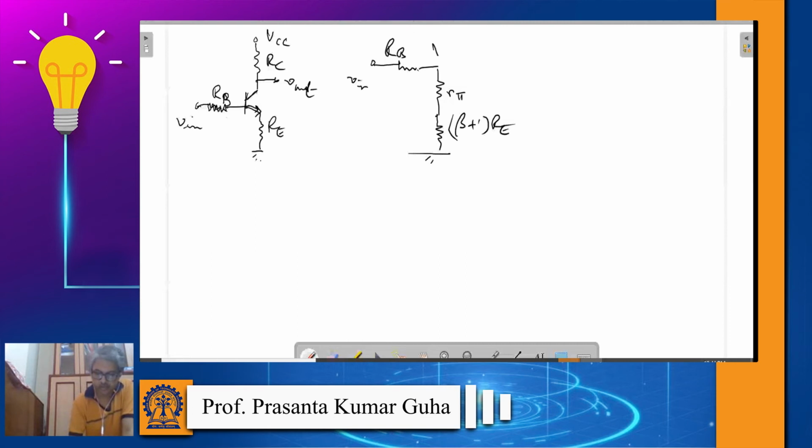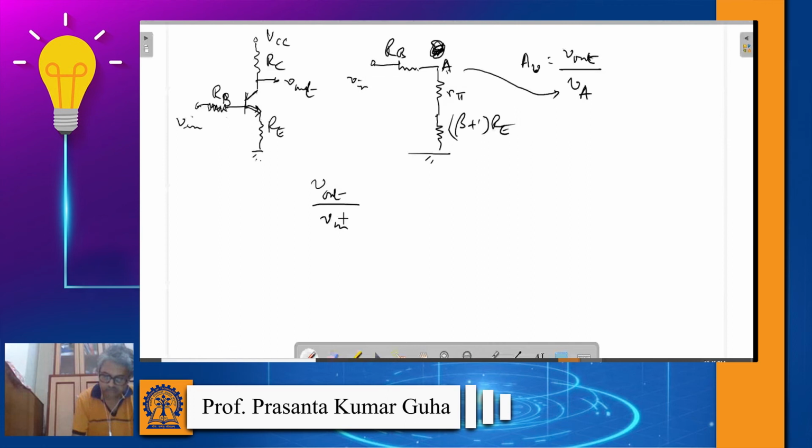So if I assume this is a point A, so we know the gain. We already found out the gain if there is no RB, right? So this is voltage at A. We already found out the gain of that common emitter amplifier circuit if RB is not there. But if RB is there, some part of the signal will be dropped across RB, okay. So again, this is very easy. If you think carefully, you will be able to find it out.